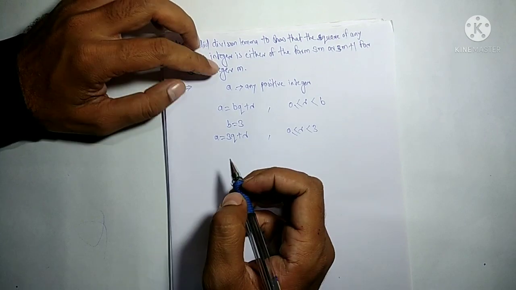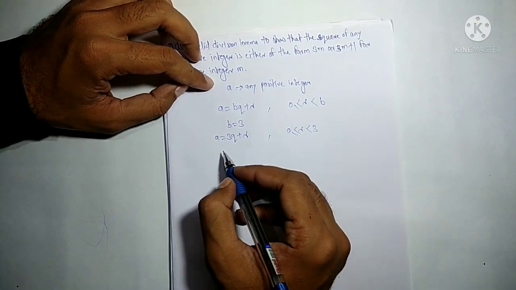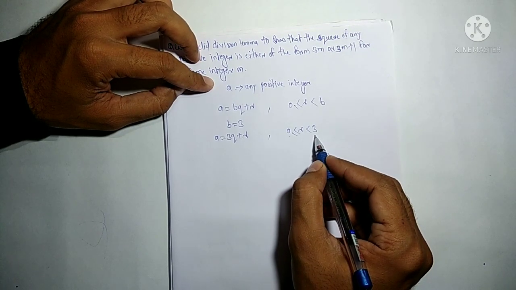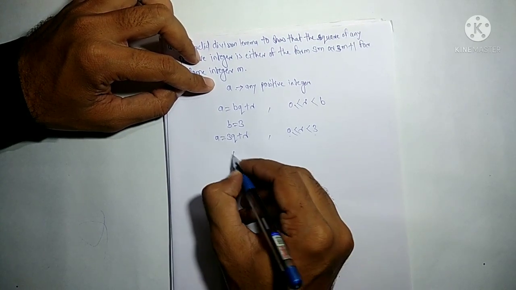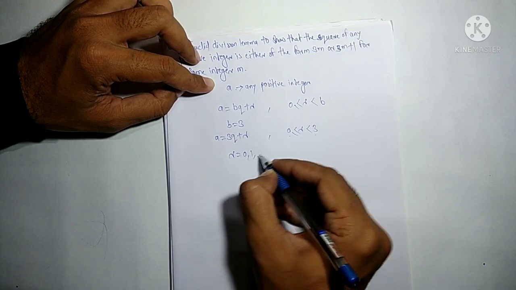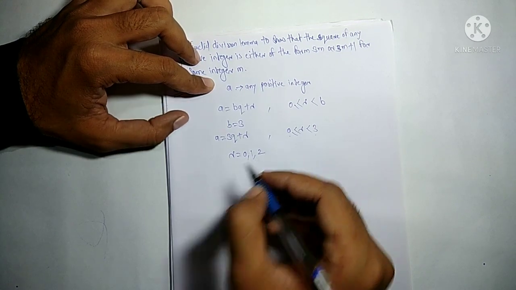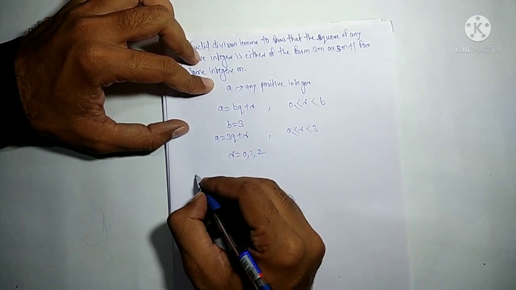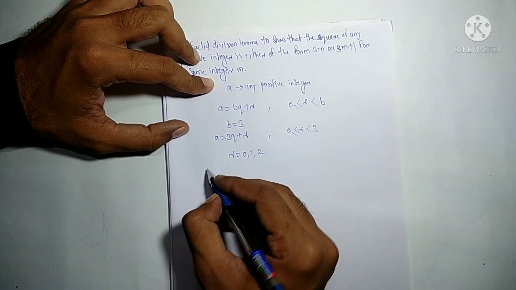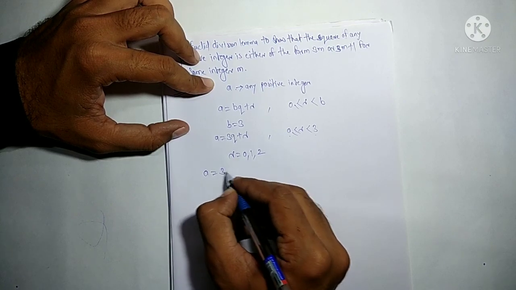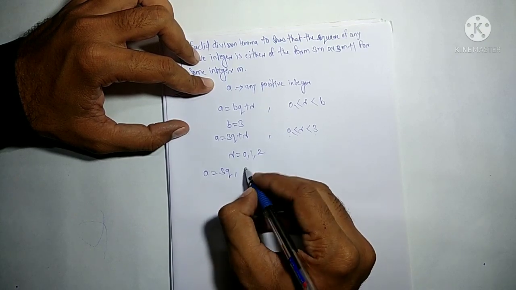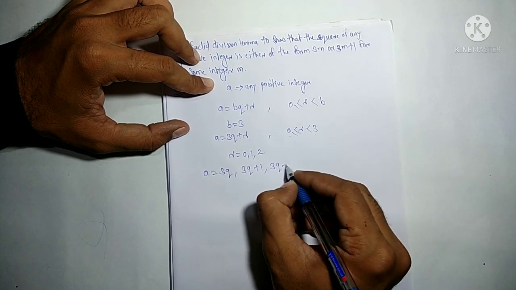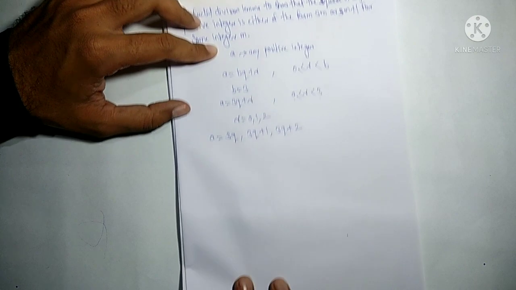Okay, since r is greater than or equal to 0 and less than 3, the possible values of r are 0, 1 and 2. So what can the positive integer be? a equal to 3q or 3q plus 1 or 3q plus 2.